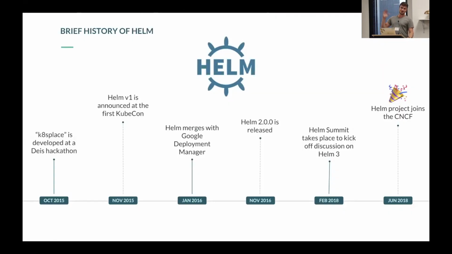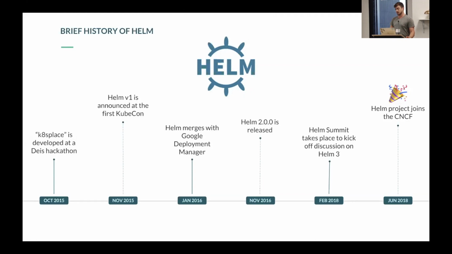So a little bit about where Helm came from. It started at a hackathon at Deus, and they made something called Kate's Place, which was a simple way to deploy apps into Kubernetes. And they announced it later that year at the first KubeCon. From there, they worked with the team at Google that was building something called Deployment Manager.